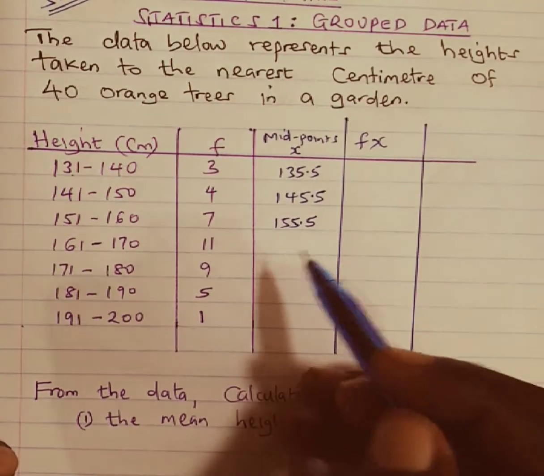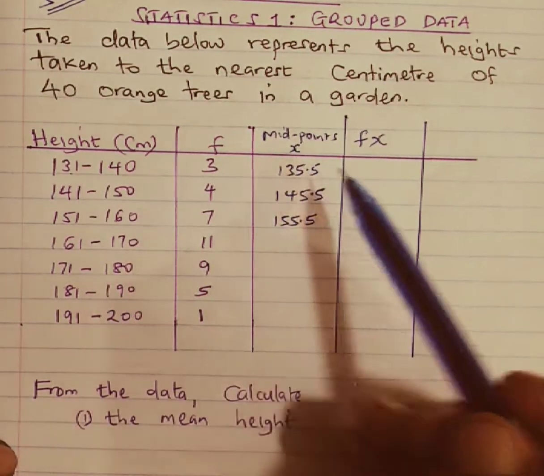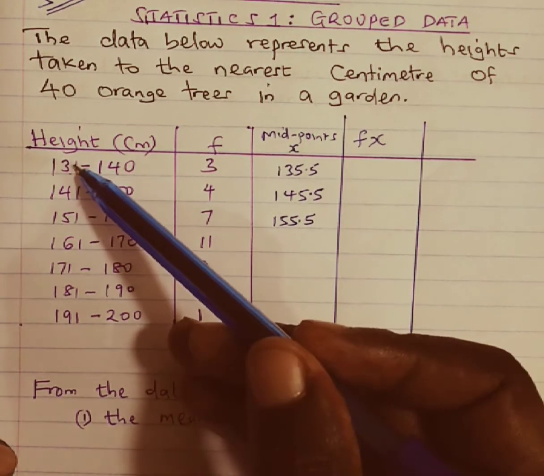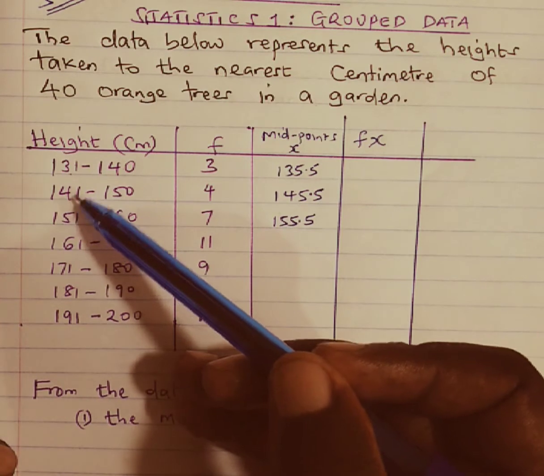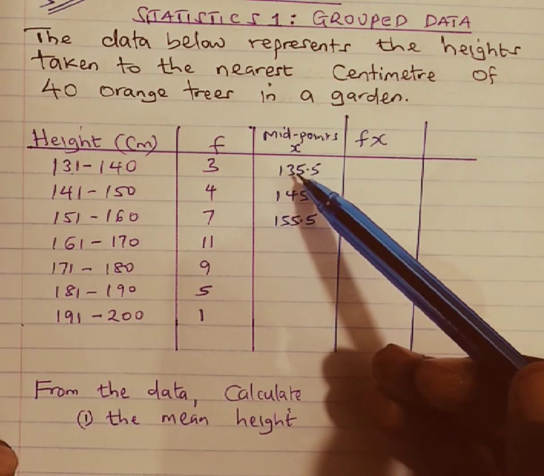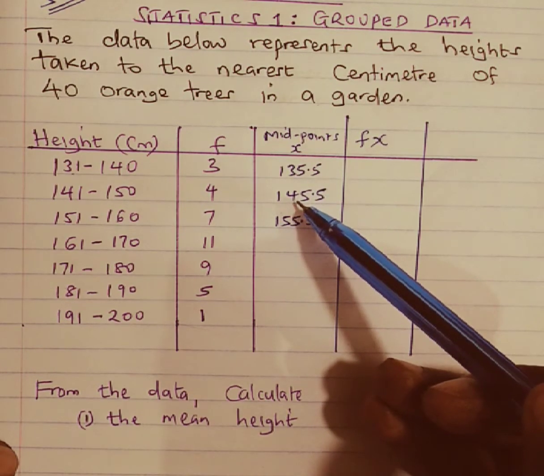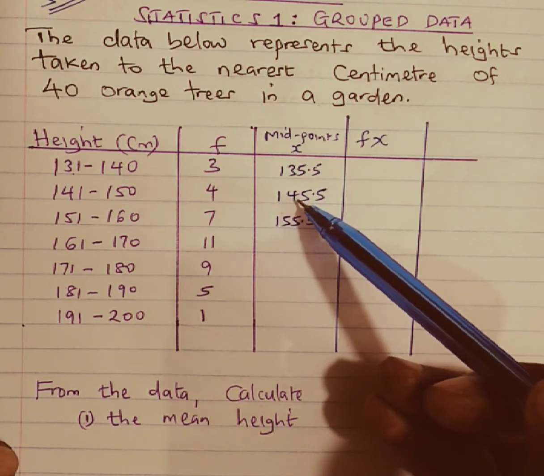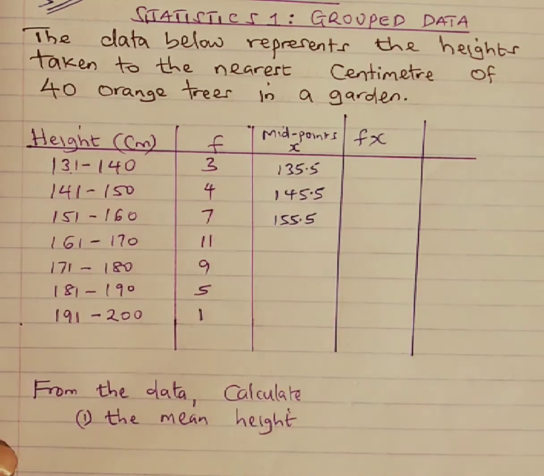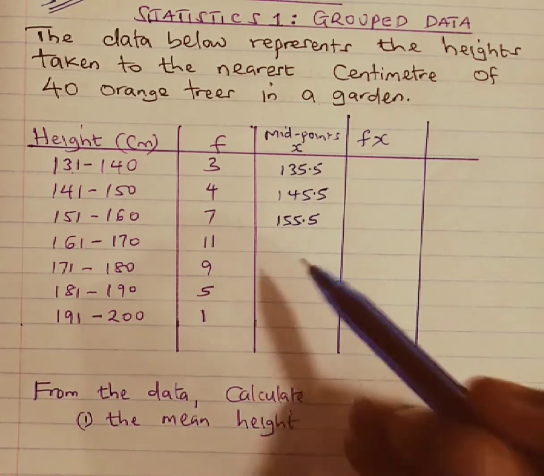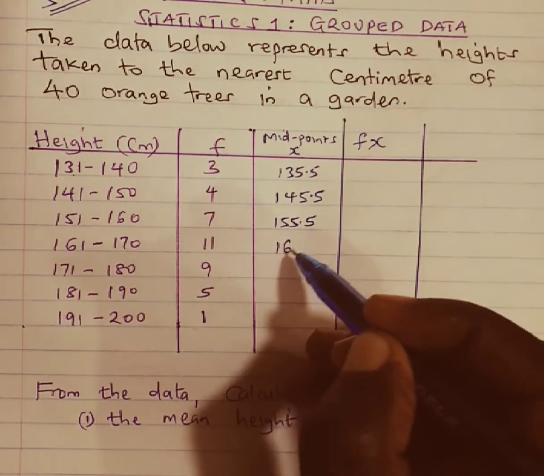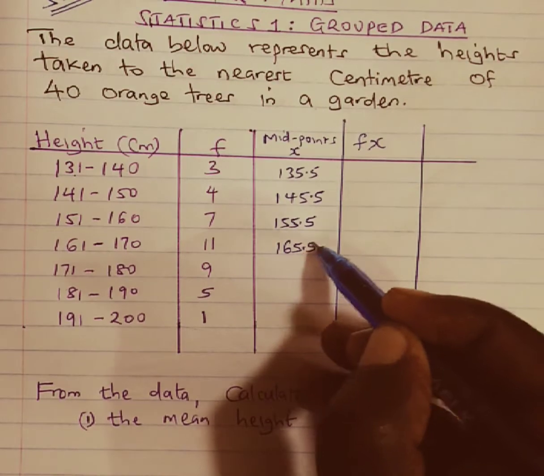Or simply, once you have the first one, since between 131 and 141 is 10, that is the class width or the height. Once you have the first one, 135.5, you add 10, you will get 145.5. 145.5, you add 10, you will get 155.5. 155.5, you add 10, you will get 165.5.